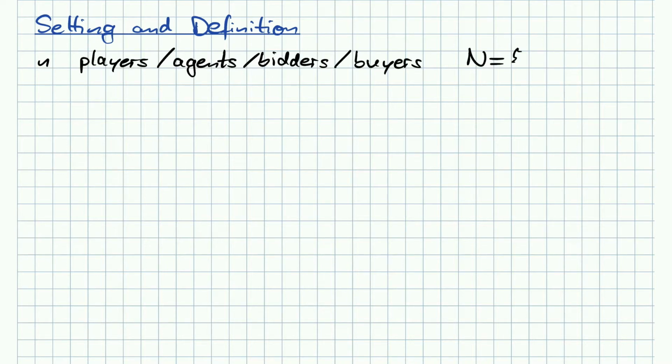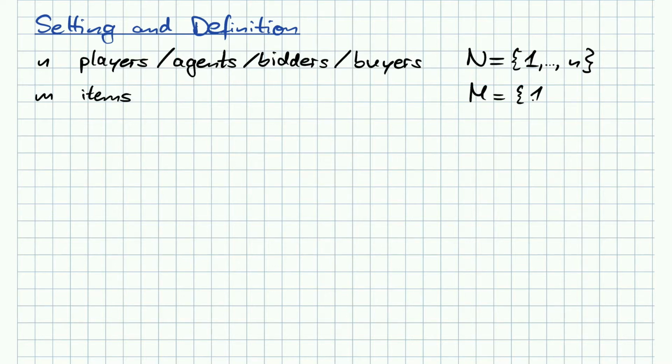We have again n players or agents. You can also call them bidders, although they are not actually bidding. I often will call them just buyers, because this is what they are actually doing. And then we have m items.